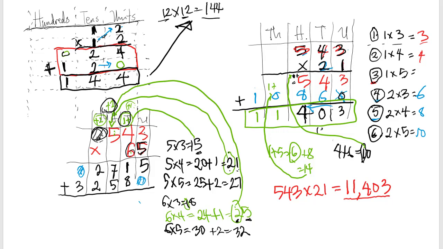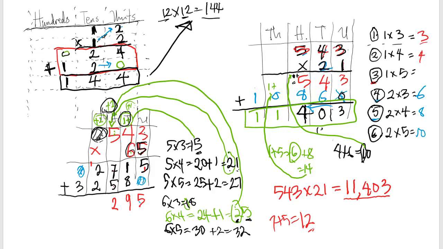Once we add, we have 5 plus 0 is 5, 1 plus 8 is 9, 7 plus 5 is 12. So we write down only 2, then we carry 1 to the next number at the top.